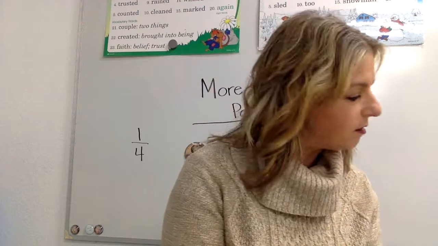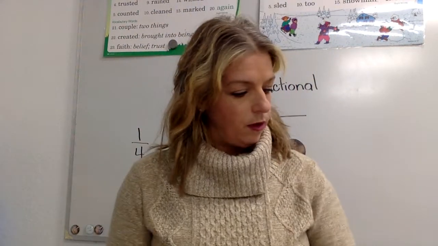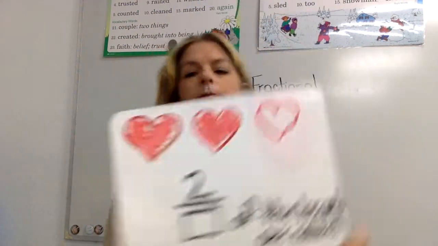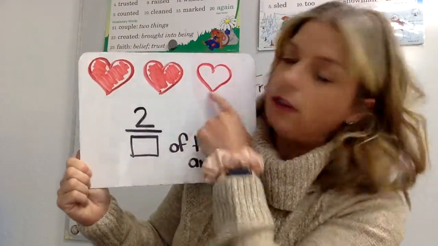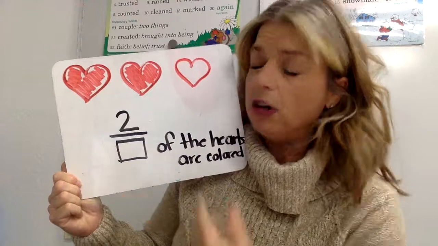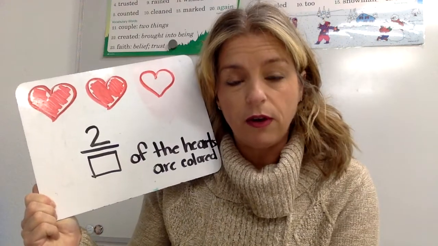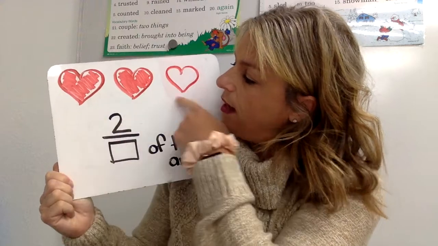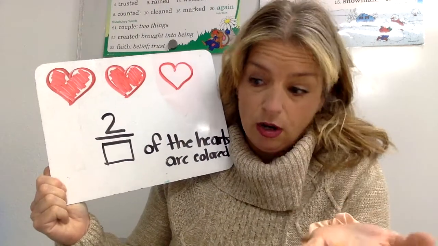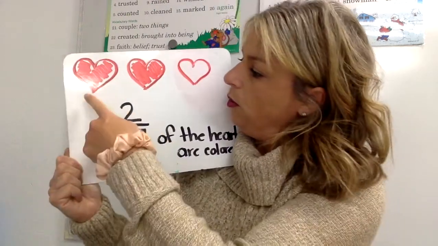All right, next. We're going to look at how many parts I have. How many parts, or as we talked about, how many groups do we have? Well, we can see how many hearts I have.